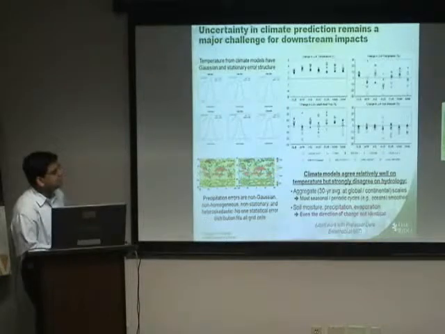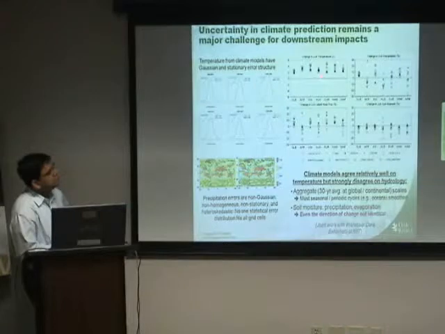The plots on these figures are individual models, showing the direction and magnitude of change we expect in that 30-year period. This is global, and then we have different continents here. For temperature, there is a fair amount of disagreement, but the models at least agree in the broad pattern in terms of the direction of the change.